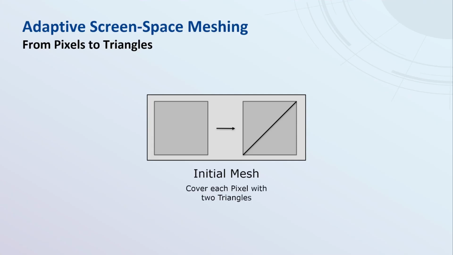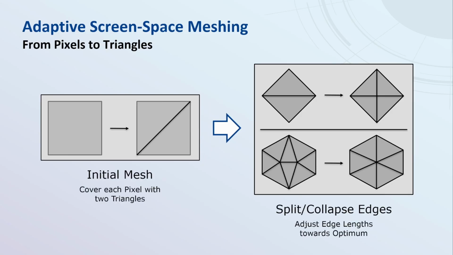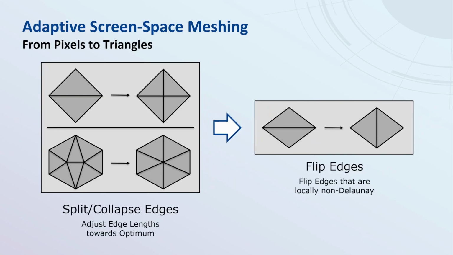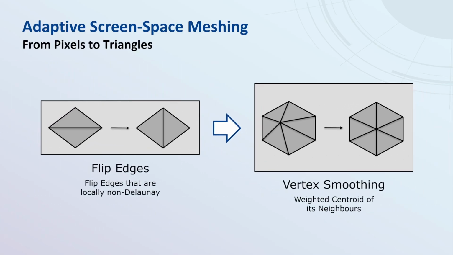To construct our adaptive screen space mesh, we start by covering each foreground pixel with 2 triangles. Then we iteratively refine this mesh. We collapse and split edges to move their lengths closer to the optimal value. We also flip edges that are locally non-Delaunay and move each vertex to a weighted sum of its neighbors to increase mesh regularity.